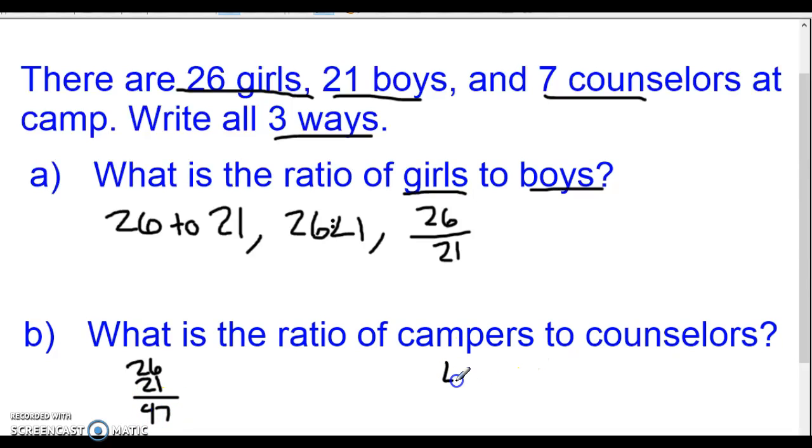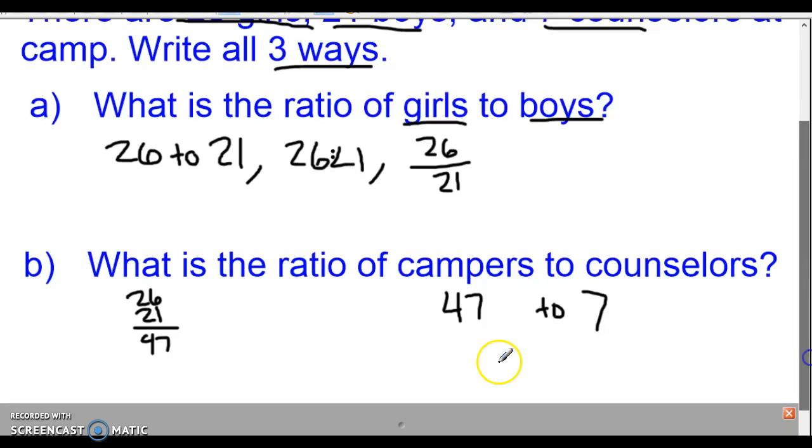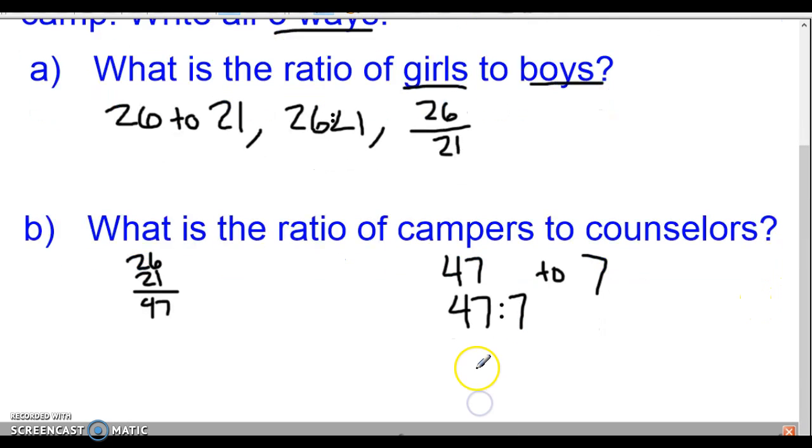So campers was 47 to, and then counselors was up here, 7. Now I need to write it with a colon, 47:7, and the last way as a fraction, 47/7.